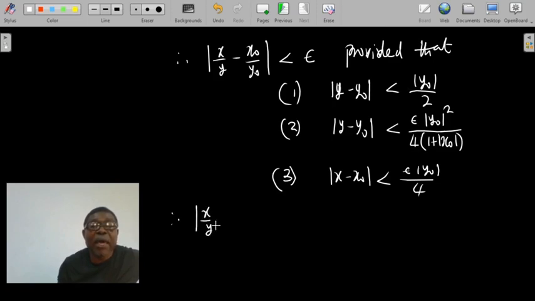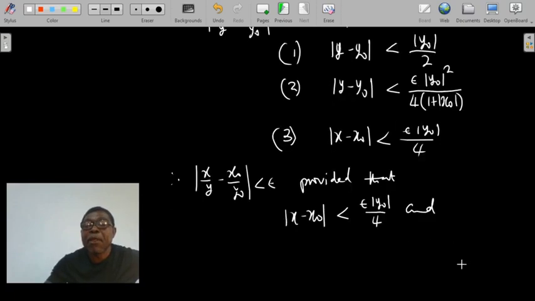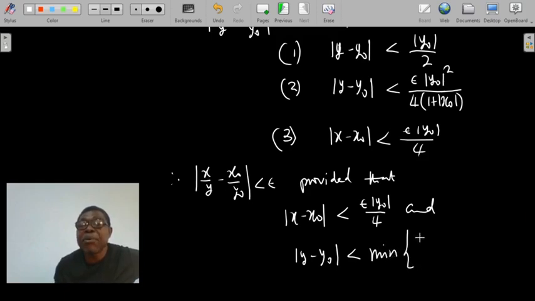So therefore, we have that absolute value of x over y minus x naught over y naught is less than epsilon, provided that absolute value of x minus x naught is less than epsilon absolute value of y naught over 4, and absolute value of y minus y naught is less than the minimum of absolute value of y naught over 2, and epsilon absolute value of y naught squared all over 4 into 1 plus absolute value of x naught.